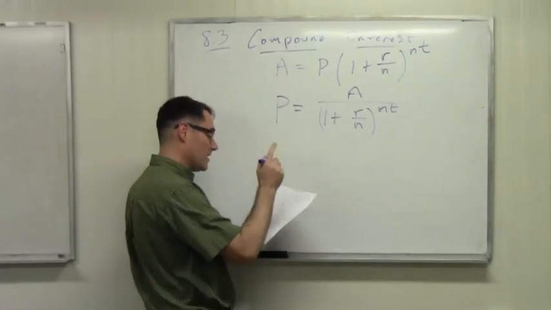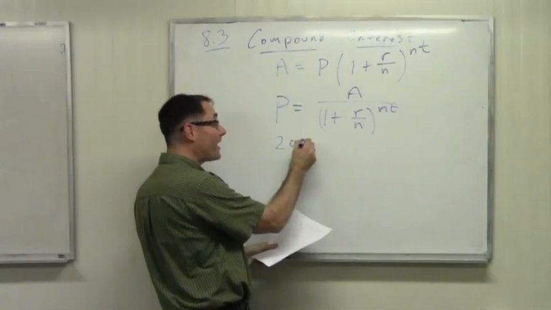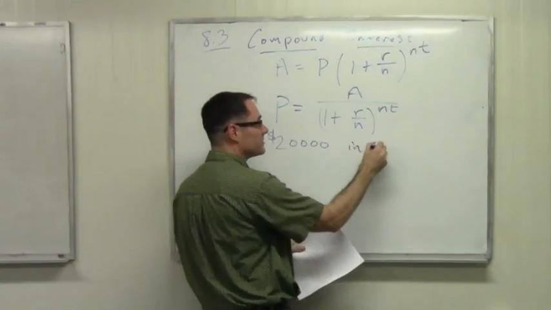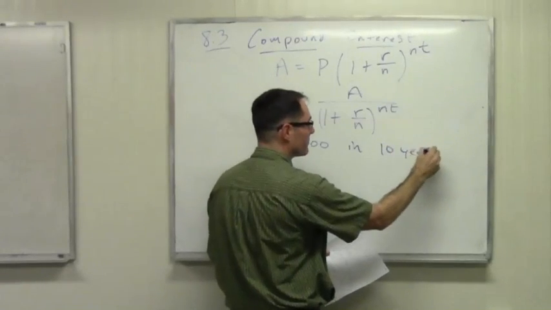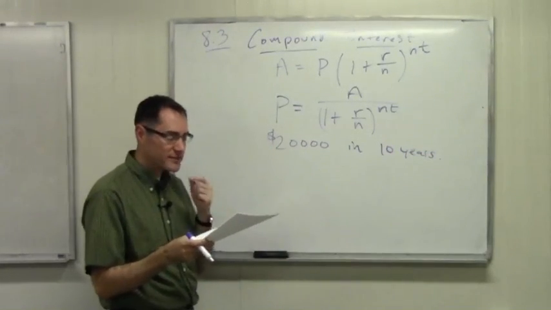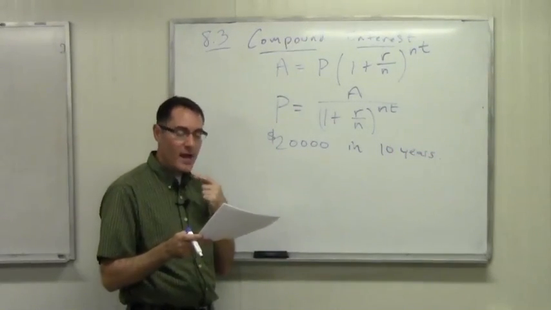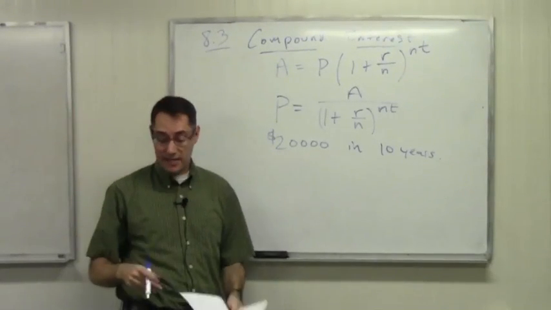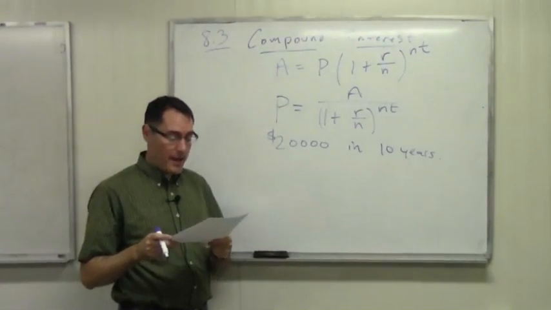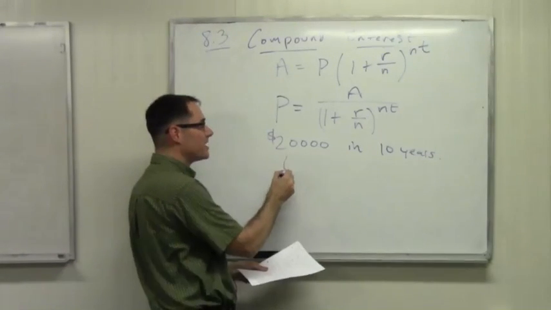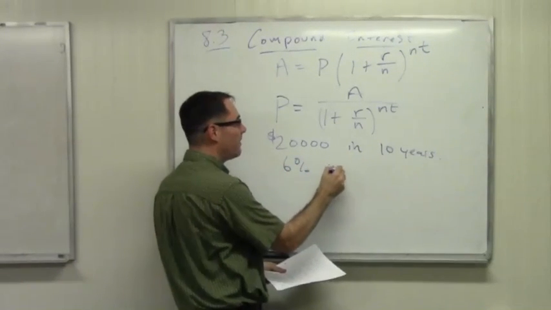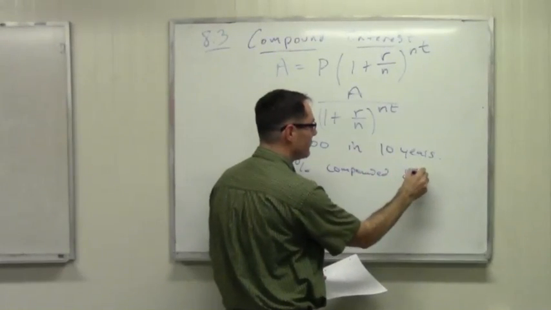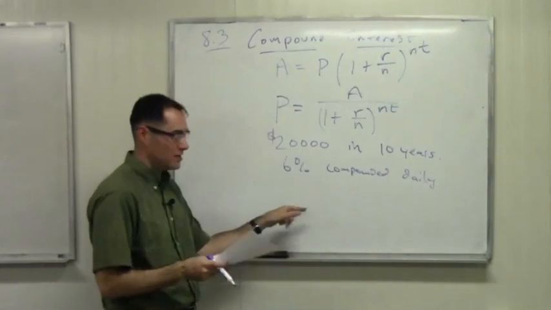So for instance, let's say you want to have $20,000 in 10 years. And all you're going to do is smack down some money now and forget about it for 10 years. If you get 6% interest compounded daily, how much do you need to put down?